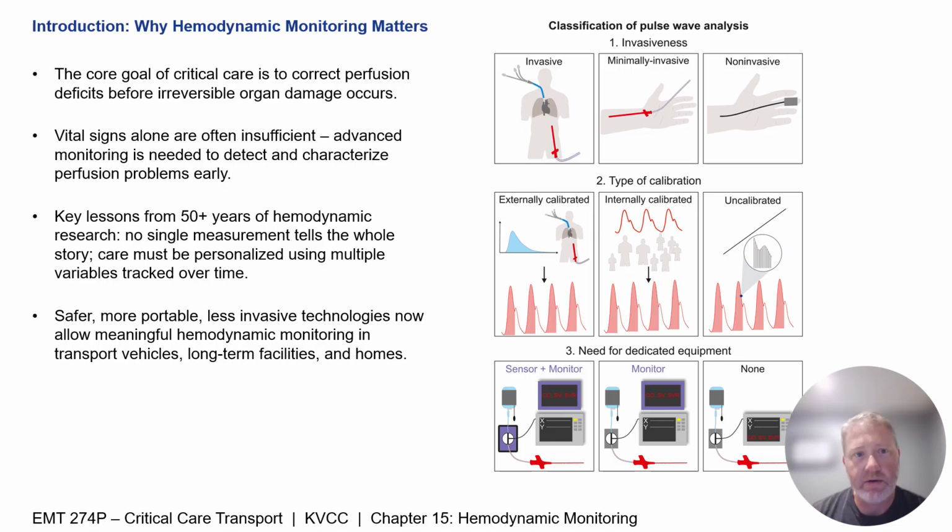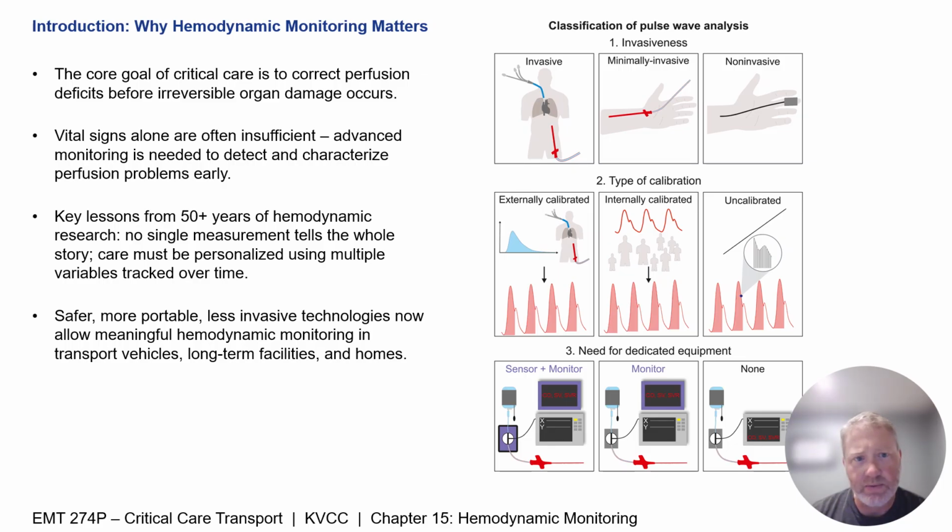So heart rate, blood pressure, skin findings, urine output, mentation, lactate, and invasive pressure measurements all provide pieces of the same puzzle. Modern transport medicine depends on integrating these values over time rather than reacting to one isolated number.